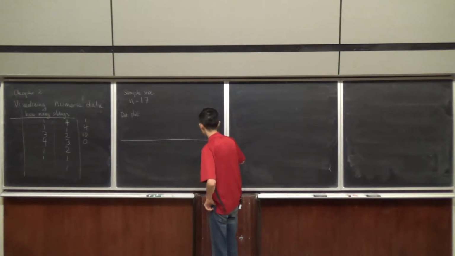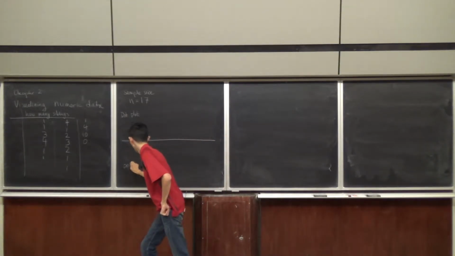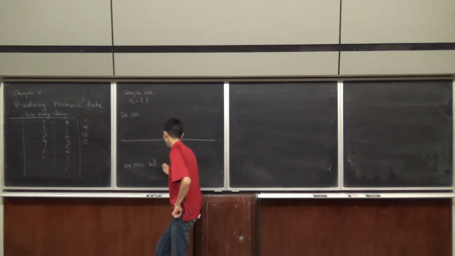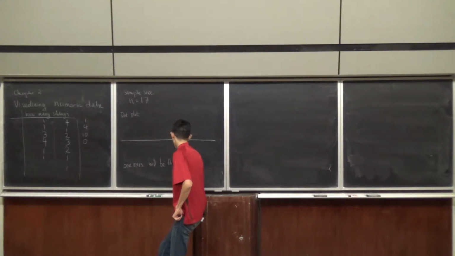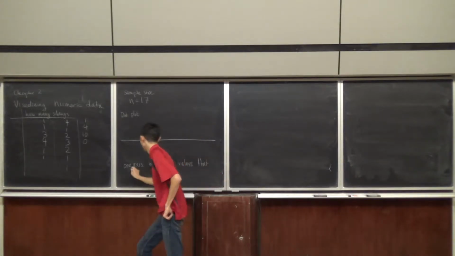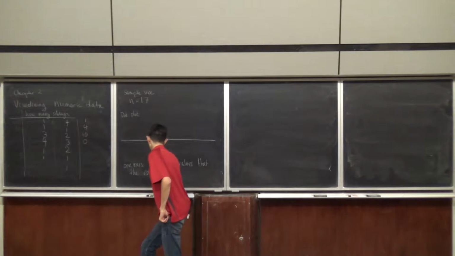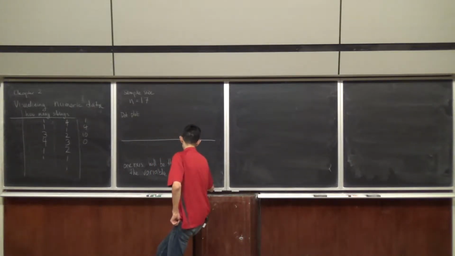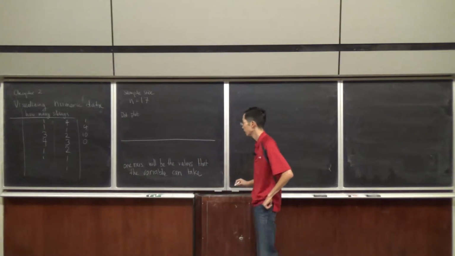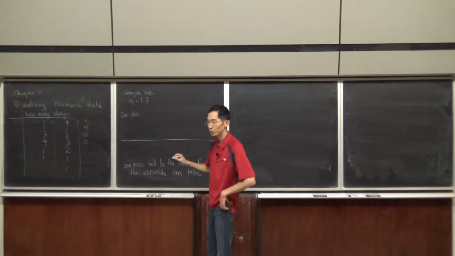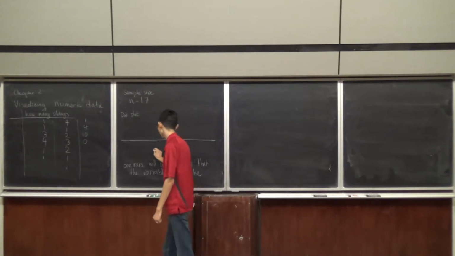One of the axes will represent the values that this variable can take on. So one axis will be the values of the variable. In this case, my horizontal axis will be number of siblings.